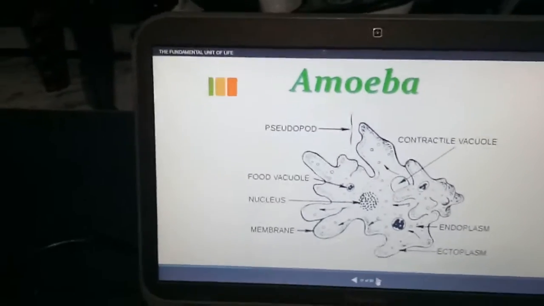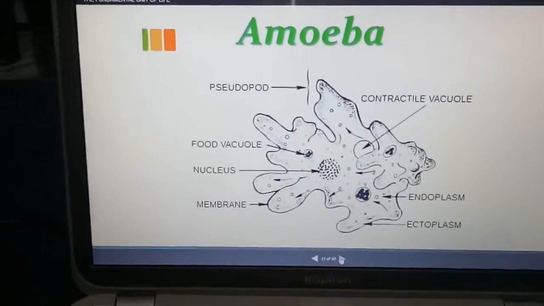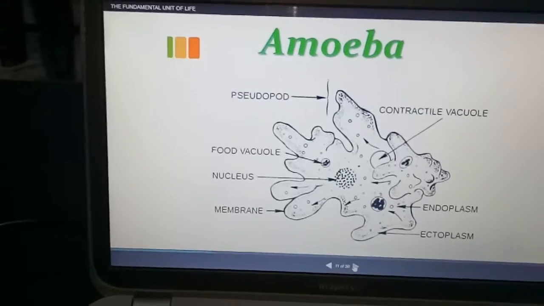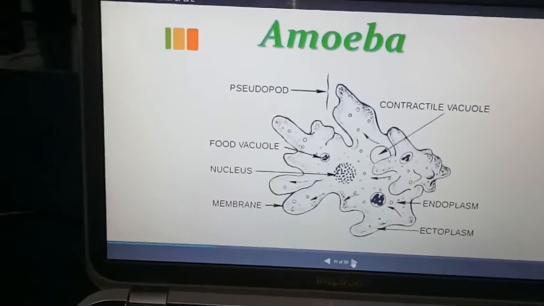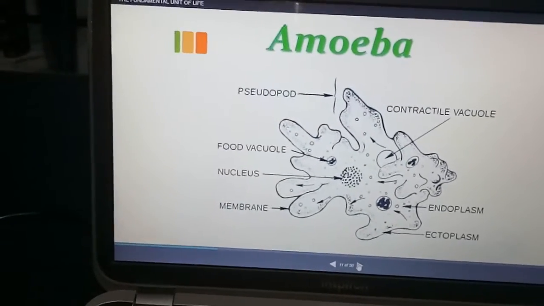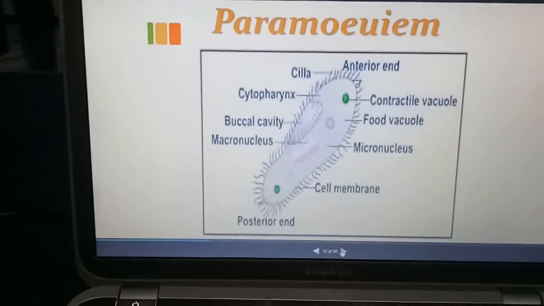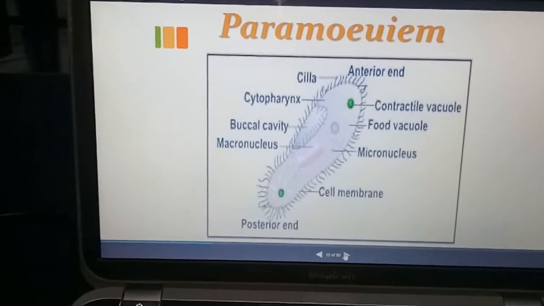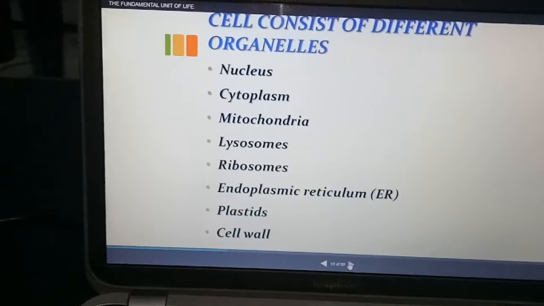This is a diagram showing amoeba, an example of a unicellular organism. This is another example of a unicellular organism, paramecium.